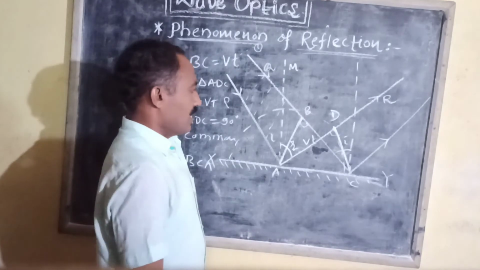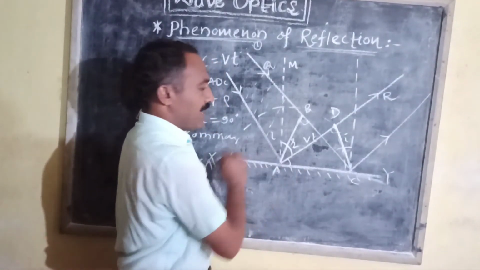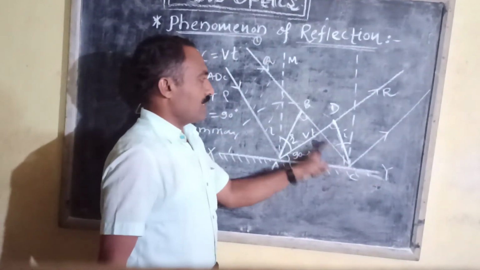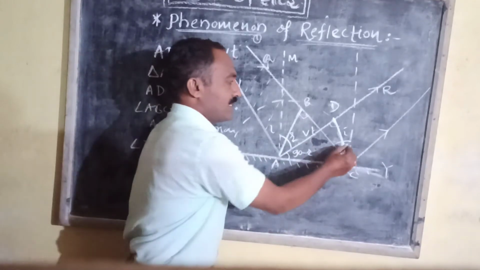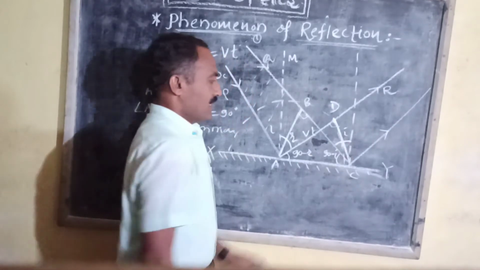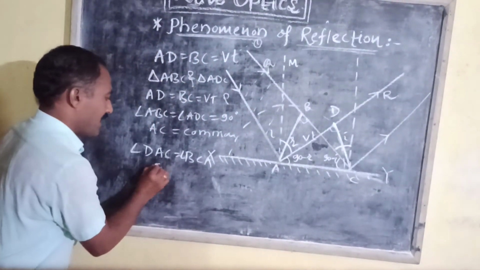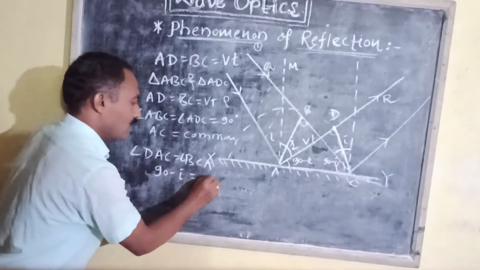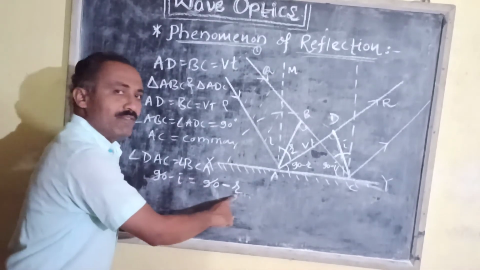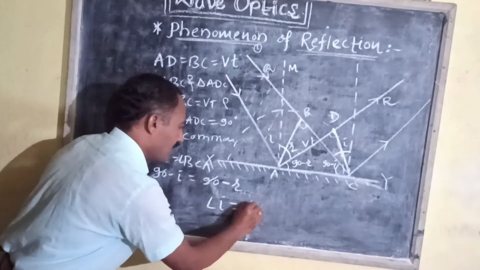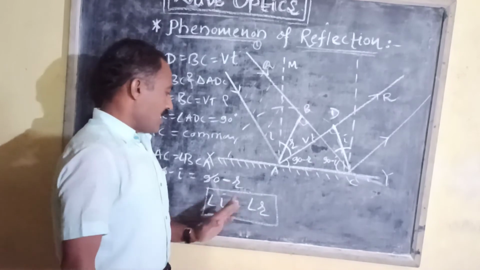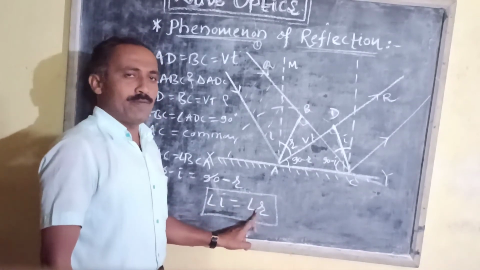Now from the figure, angle A is 90 minus R and angle C, that is BCA, is equal to 90 minus I. Therefore we can write 90 minus I is equal to 90 minus R. The 90 cancels, and we get I is equal to R. This proves the phenomenon of reflection, that is, the angle of incidence is equal to the angle of reflection.